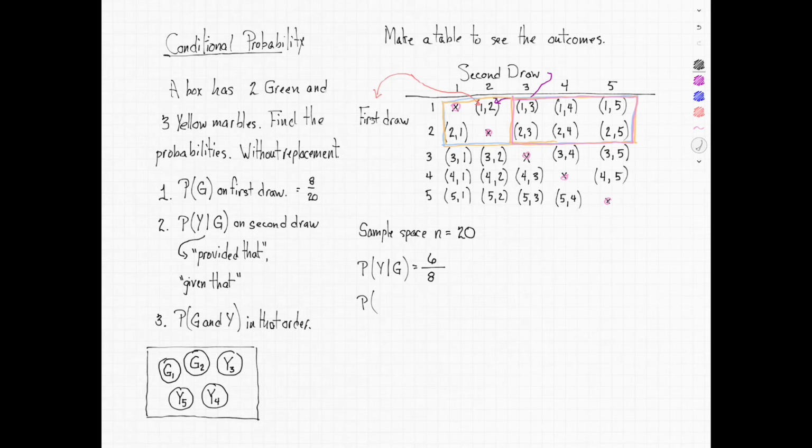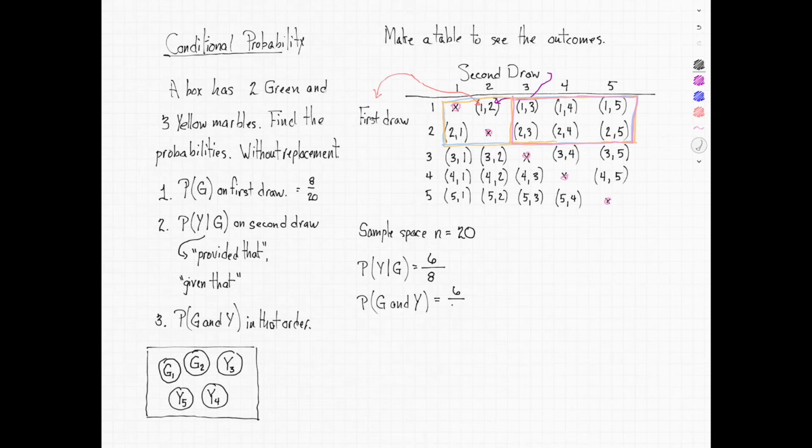Okay, the last one we want is the probability of a green and a yellow in that order. To have first a green and then a yellow in that order, we're back down to the same pink box.